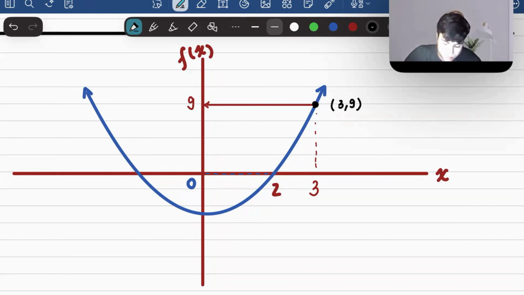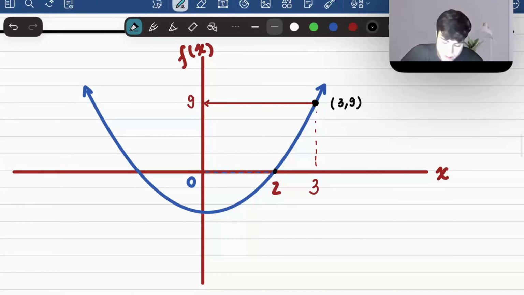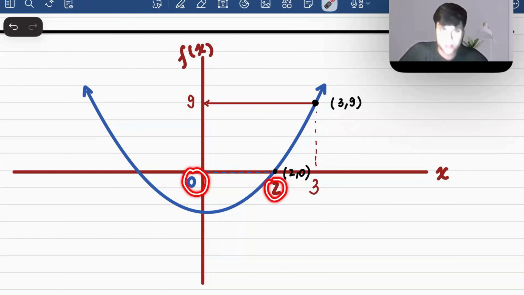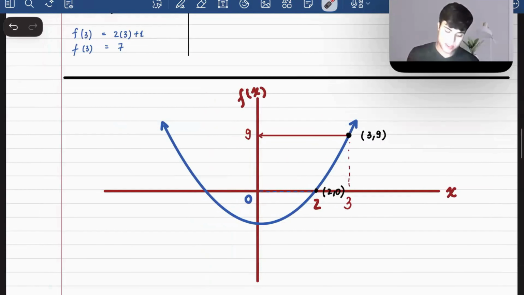So this coordinate will be (3, 9), and similarly, this coordinate will be (2, 0). X coordinate first, y coordinate second. Keep this knowledge at the back of your head because graphs are going to be really helpful when we continue.